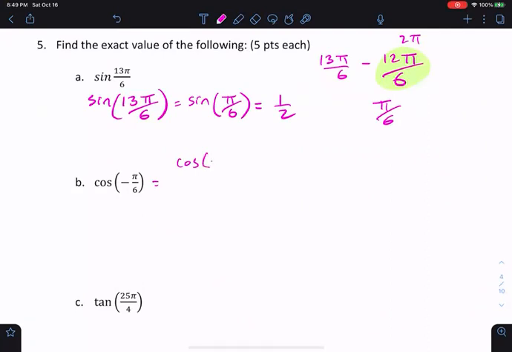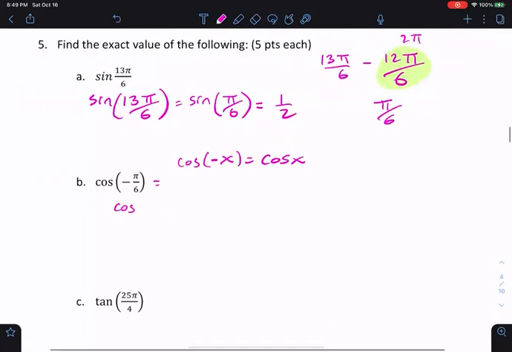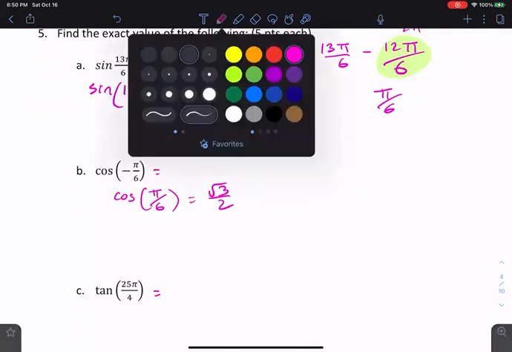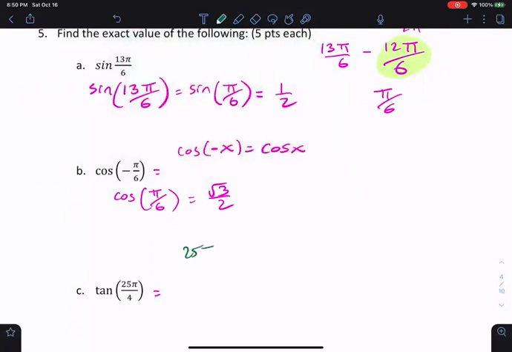Next one, you have to use the even function, right? Cosine is an even function. So this is gonna be cosine pi over 6, right? So cosine pi over 6 is root 3 over 2. That's it. Next, tangent. They give me in this part 25 pi over 4.